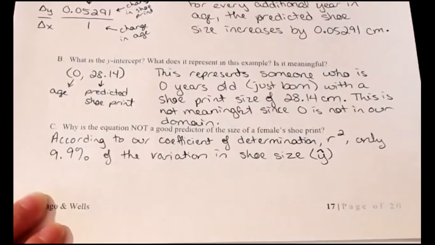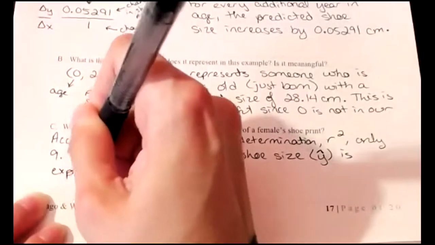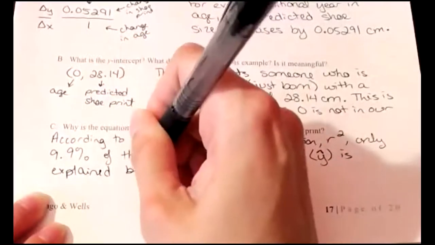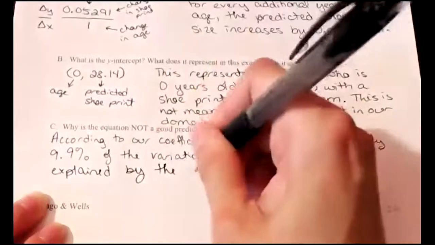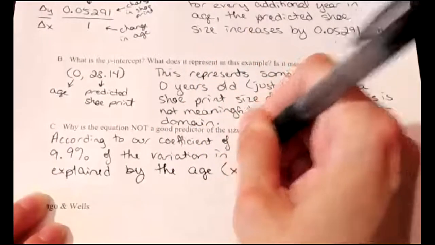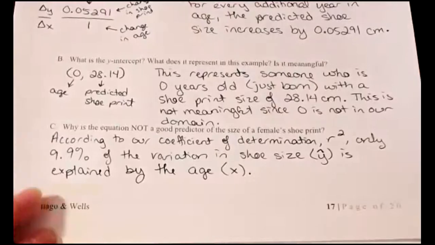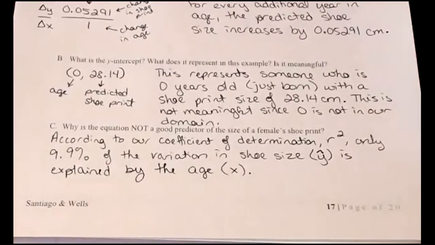Only 9.9% of the variation in shoe size is explained by the age. Only 9.9%. That's it, which is absurd. So what that's telling us is if you take 100% and you subtract 9.9, you're going to get 90.1.